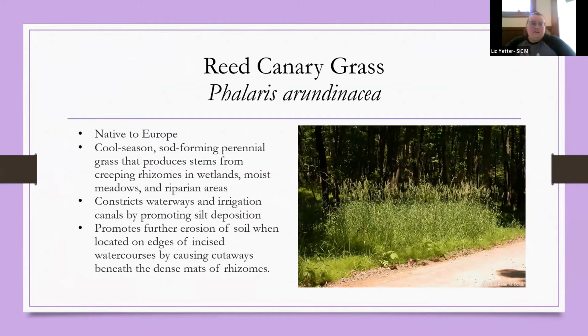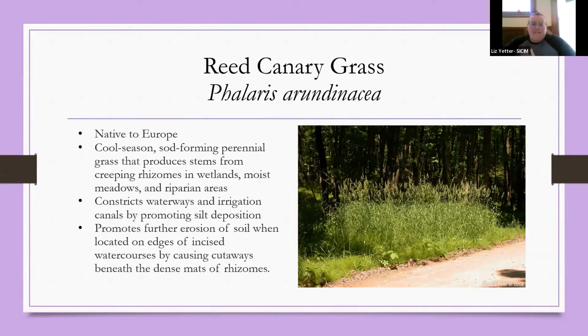So another rhizome grass, reed canary grass. This is one that will constrict waterways. It can damage irrigation canals. It likes wet, moist areas.